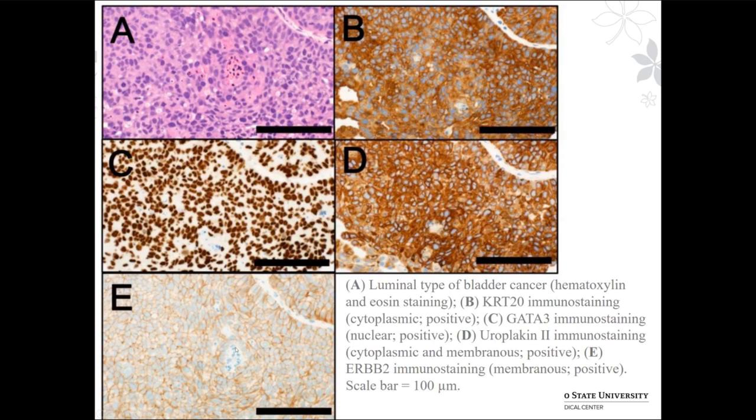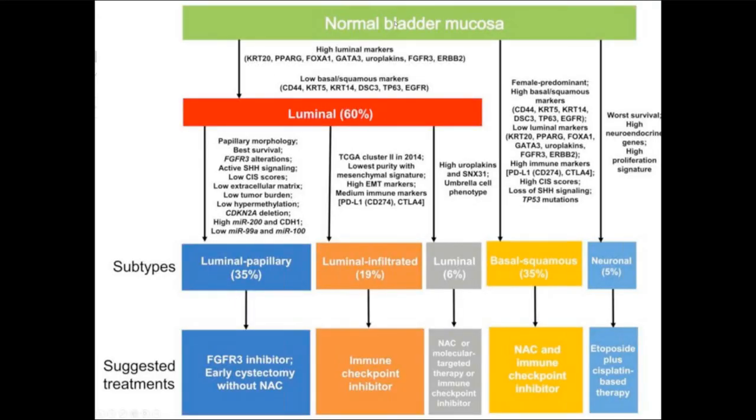In contrast, the luminal type of bladder cancers have a staining pattern which is strongly positive for cytokeratin 20. Some of them stain very strongly positive with GATA3, and then membranous positive for uroplakin 2, and ERBB2 membranous staining.